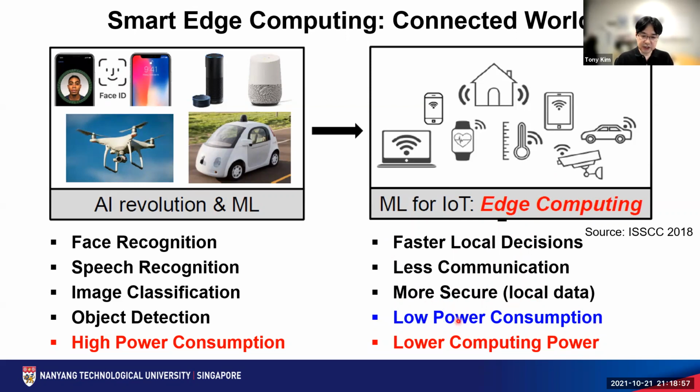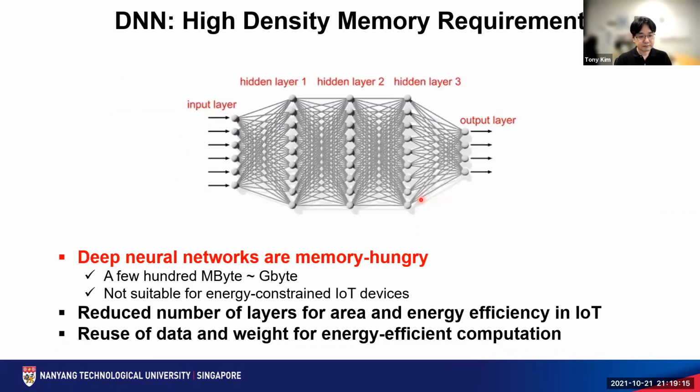Okay, yeah. But of course, since we have limited hardware form factor and limited computing power, the performance of the artificial intelligence will be worse compared to the cloud-based artificial intelligence. Then we have to think whether we still have to use a well-known neural network for edge devices. For example, this is just a kind of illustration showing a deep neural network, including multiple layers. But if you want to realize this deep neural network in hardware, actually you need a lot of memory.